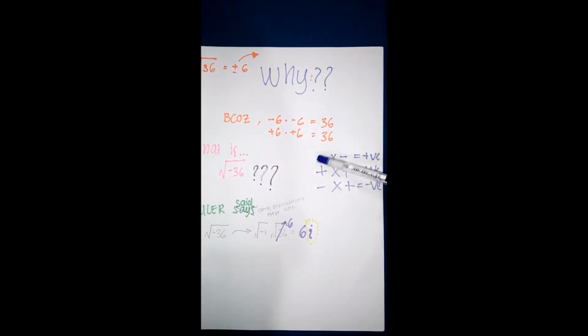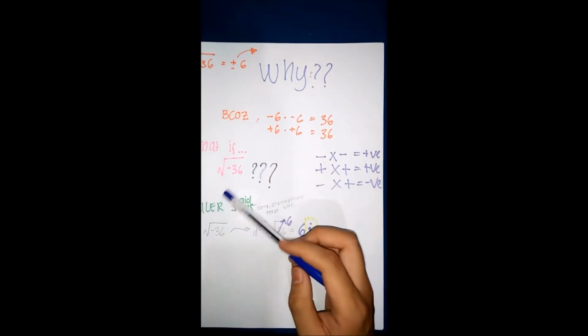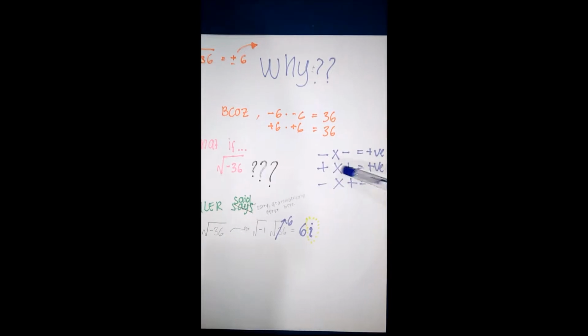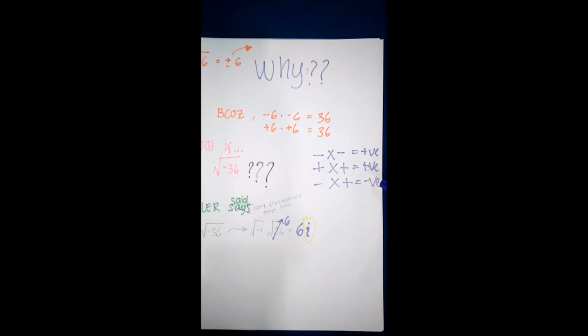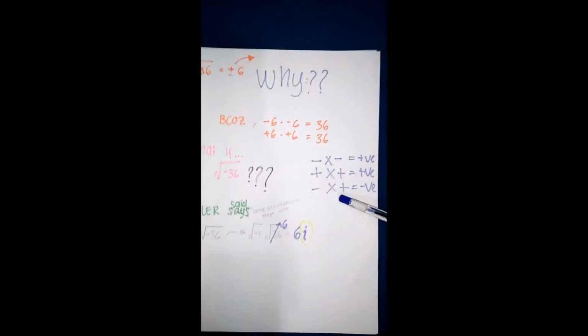Negative times negative will equal positive, which is not what we want, since we want to find a negative value. Positive times positive is equal to a positive value. It is the same number, but the product of the multiplication is not negative. So let's say I multiply a negative value with a positive value. It will give a negative value, but the thing is, negative and positive are not the same value. It is a 180-degree phase shift, or I say lag.